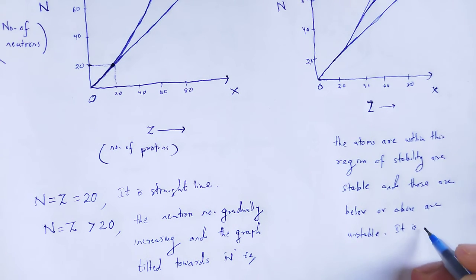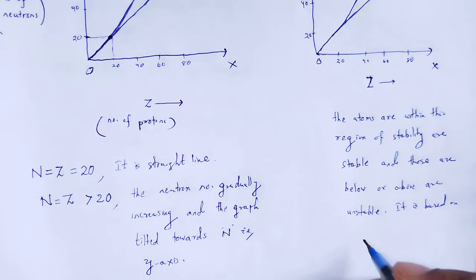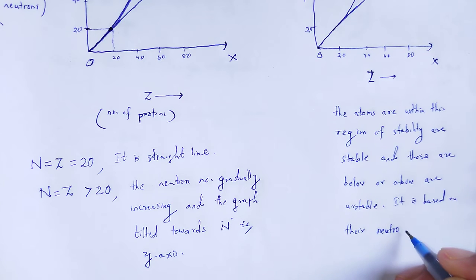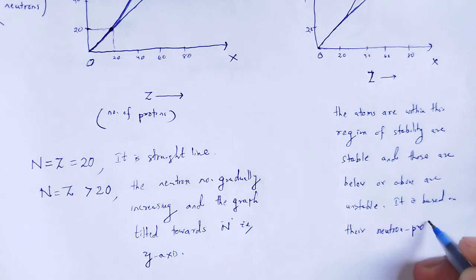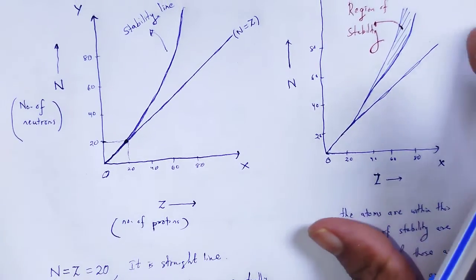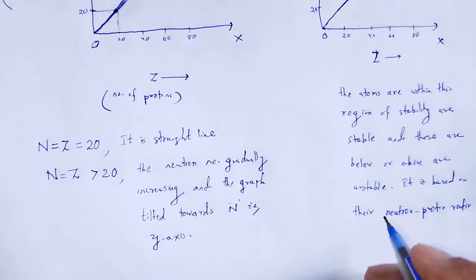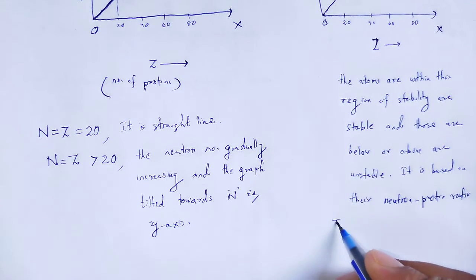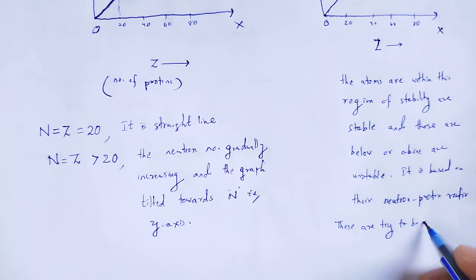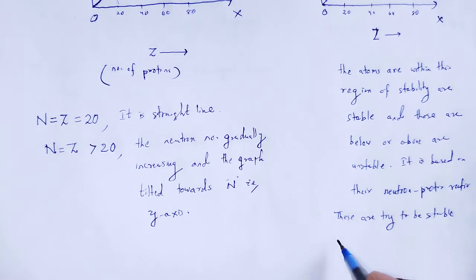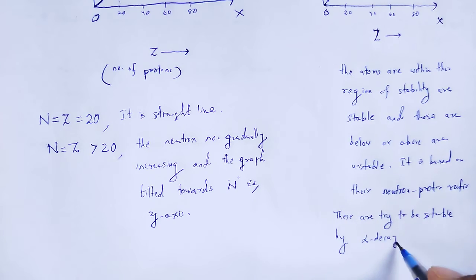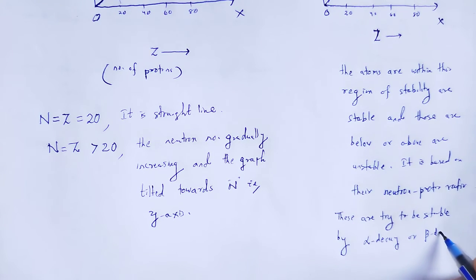It is based on their neutron proton ratio. On that basis we categorize them. They try to be stable by alpha decay or beta decay.